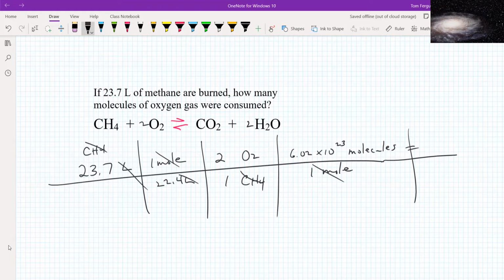So that's the setup. Your answer is going to be 3 sig figs. So this step here gets us from moles of oxygen to number of molecules of oxygen.